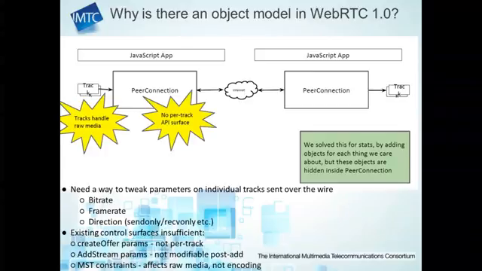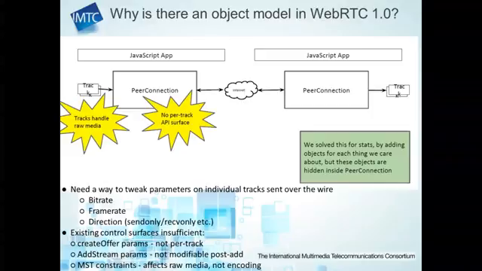Now, in terms of directions, in offer answer, we can also negotiate send only, send receive, receive only in active states. But that doesn't necessarily tell you at any given moment whether you're sending or receiving, whether the encoder or decoder are actually on. So slight difference there between the capabilities that you would have in an object model and SDP.